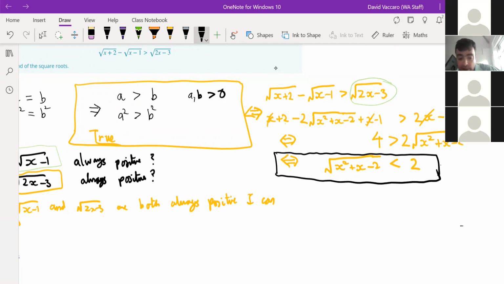So suggestions in the chat for what you would do next. Okay, so square both sides and work out the quadratic. Okay, that's a good suggestion. What do we need to be a little bit careful about?